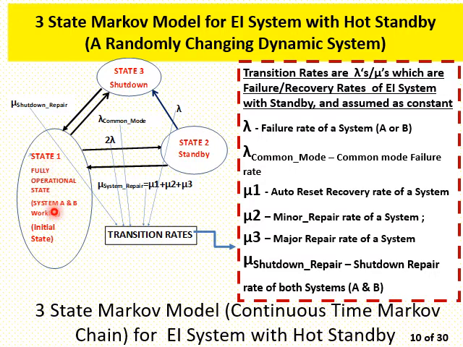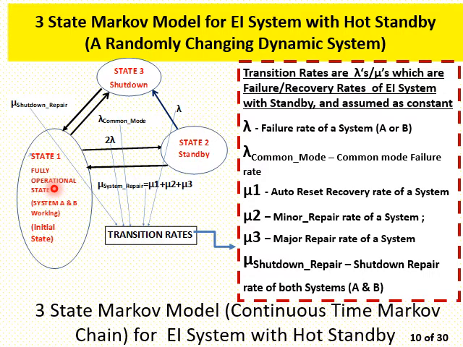Now, in the standby state, the standby system will first attempt to recover the failed system, that is the failed main system, either system A or system B. The recovery process, mu system repair here, has 3 components: mu1, mu2, and mu3. The standby system will first attempt mu1, that is auto reset, on the failed system.